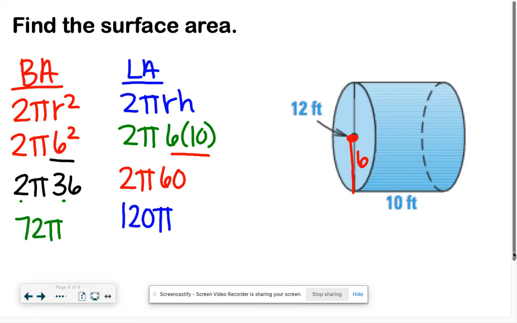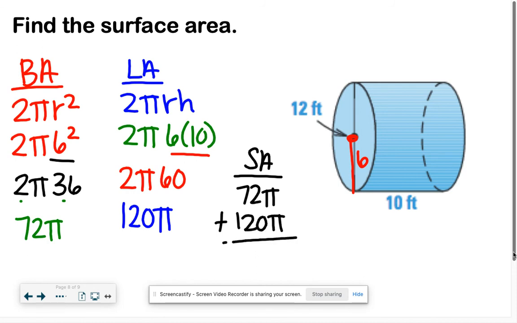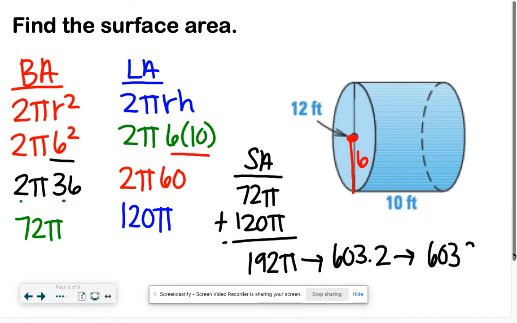Now we can add our base area and lateral area together for a total of 192 pi, which is approximately 603.2. If you want the nearest whole number, 603 feet squared.